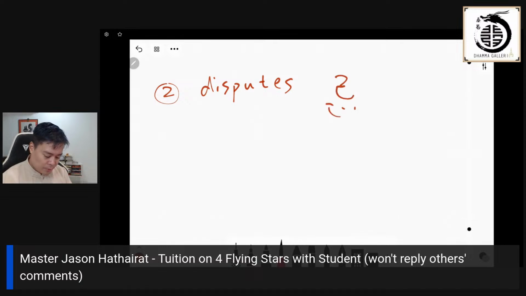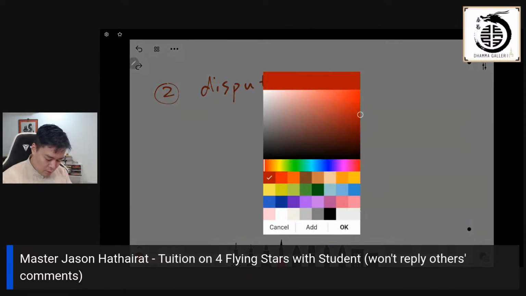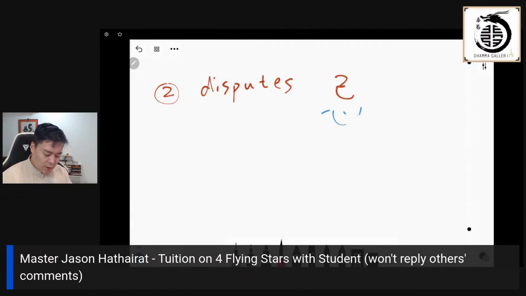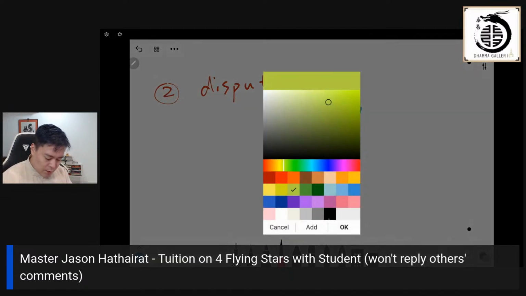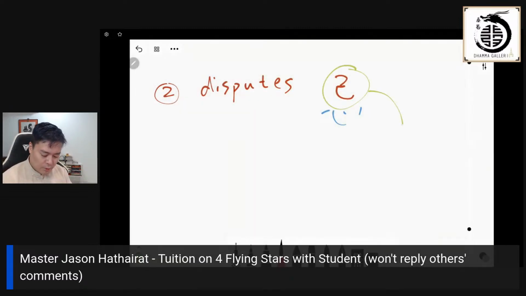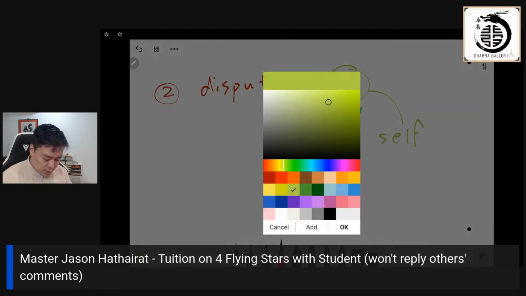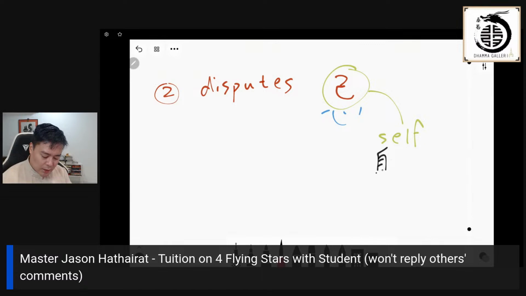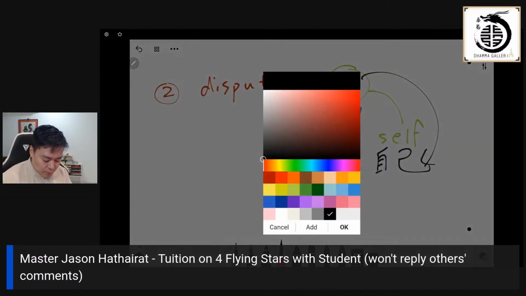Perhaps I will use a different color. This is 化忌. Ji actually represents yourself. In Chinese, this is 自己的己, exactly the same as 自己的己. So when you have the Chinese word 己 above a heart, it means that you are obsessed.